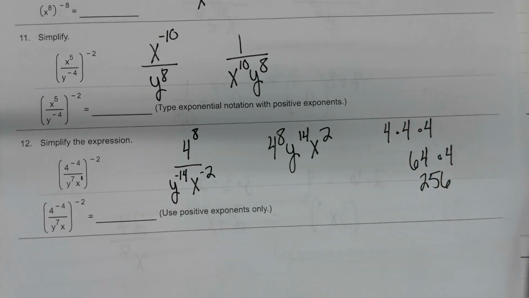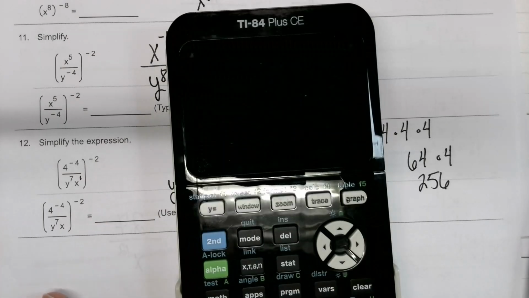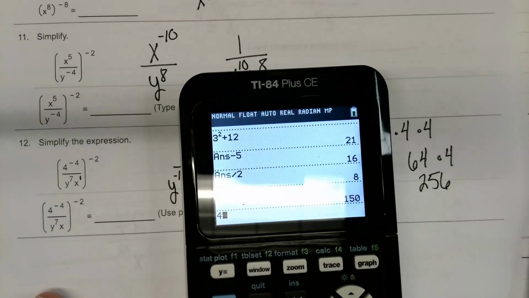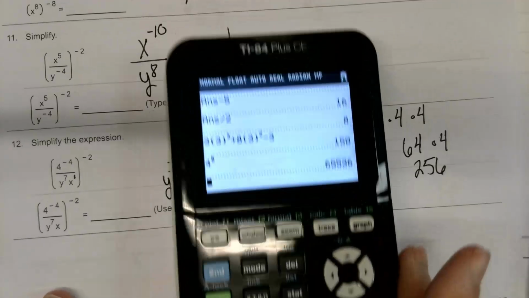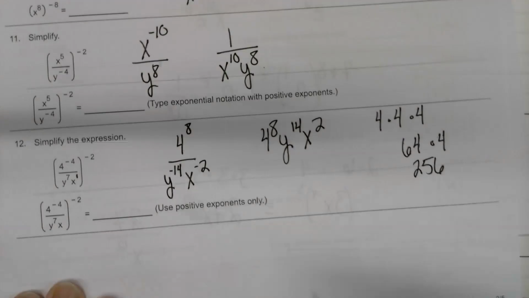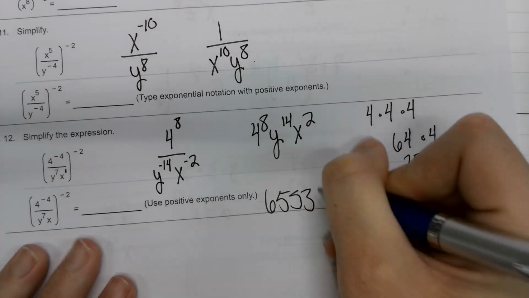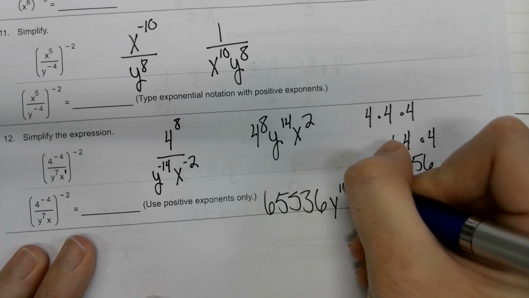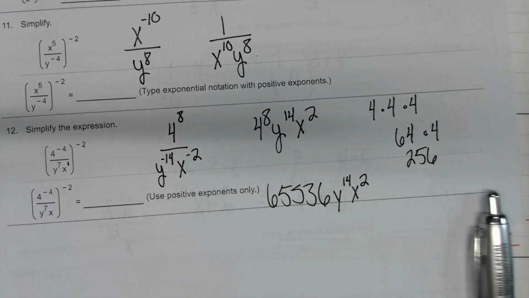Calculator. I'm getting a calculator. Yeah, I was going to keep doing... 65,000. So 65,536, y to the 14th, x squared. Yay!